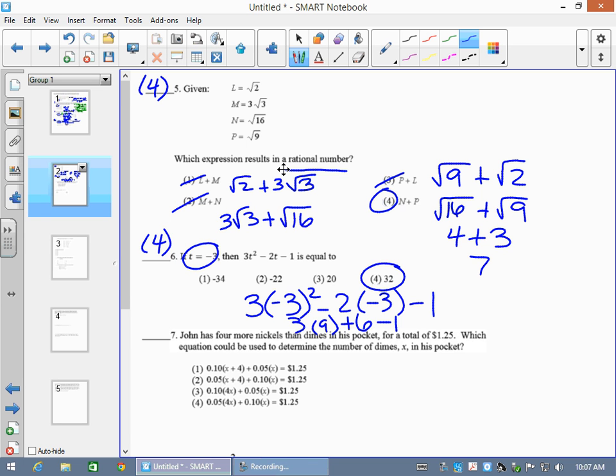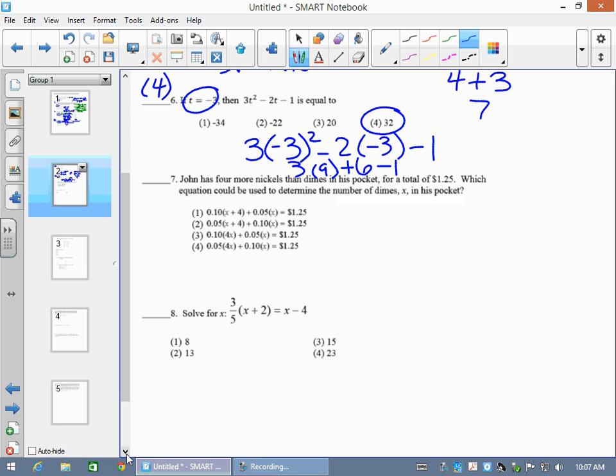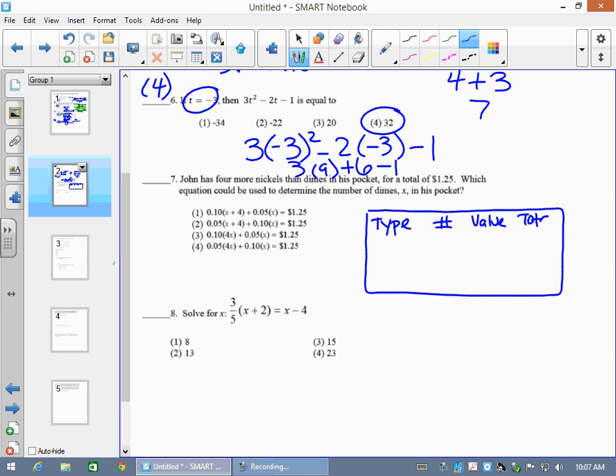Now, if we take a look at 7, this is a coin question, so we're going to set up our type number value total chart. And it's talking about nickels and dimes, so I only need 2 extra rows here for my nickels and dimes.